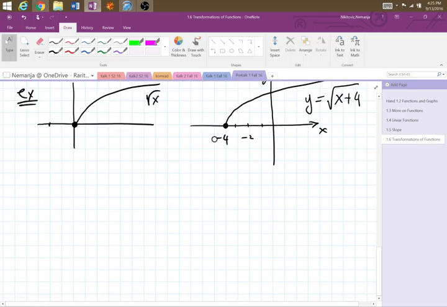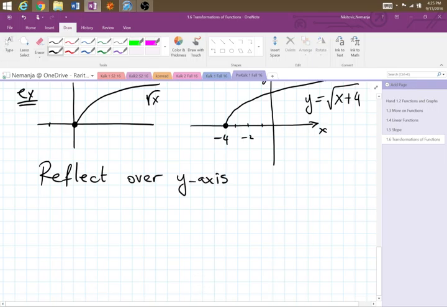Let's reflect upon the x-axis and y-axis. Reflect on the y-axis. Do we remember the discussion on even and odd?